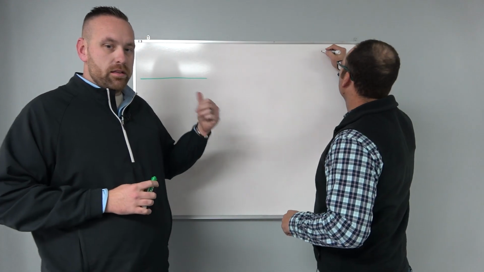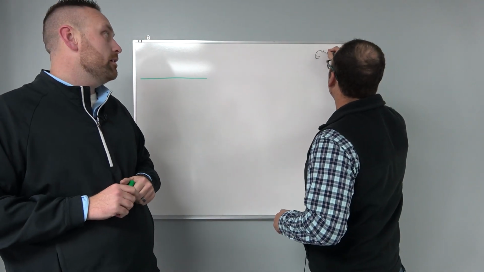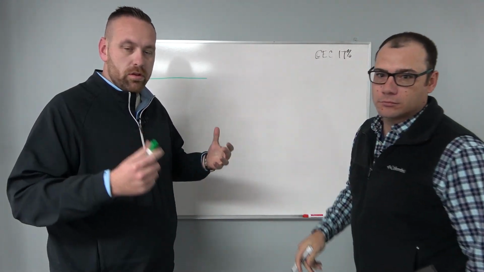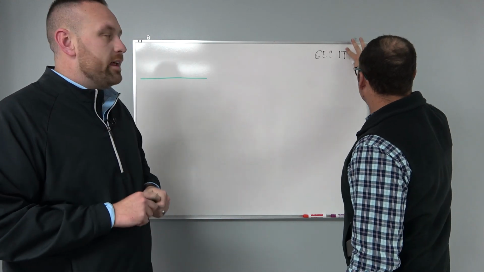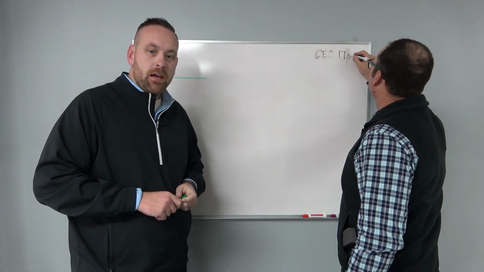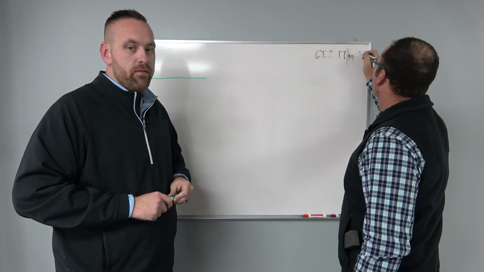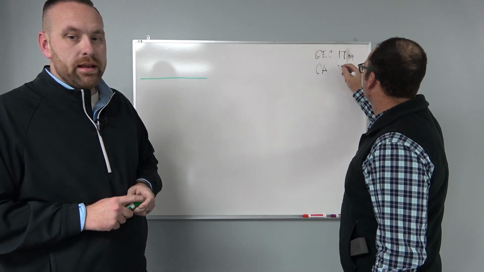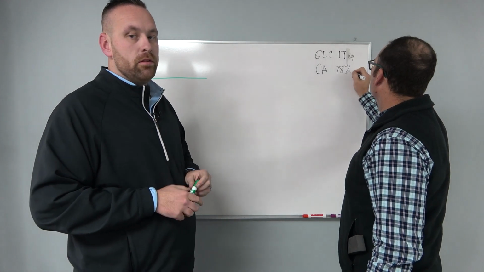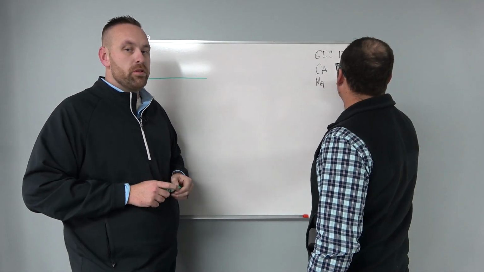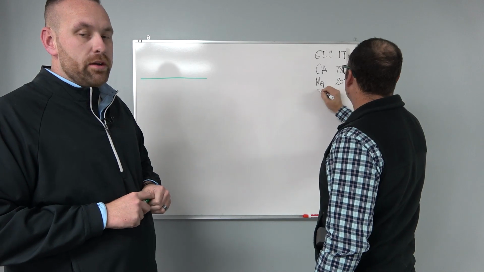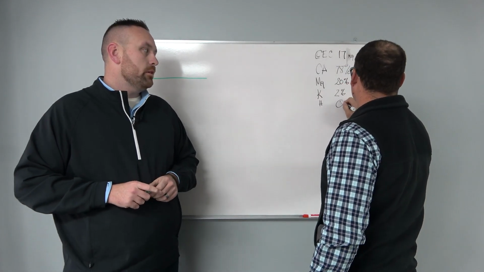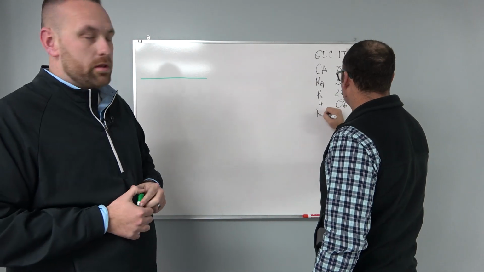We've got a CEC of 17, which, for those of you who might not be familiar, is cation exchange capacity. As we move over to the base sats, we have a base sat calcium of 78%, magnesium of 20%, potassium of 2%. We have a hydrogen reading of 0, and a sodium reading of 0.